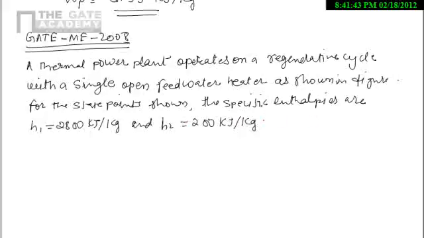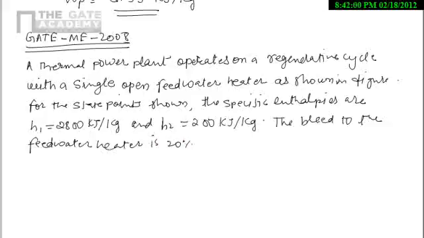The bleed to the feed water heater is 20% of the boiler steam generation rate.